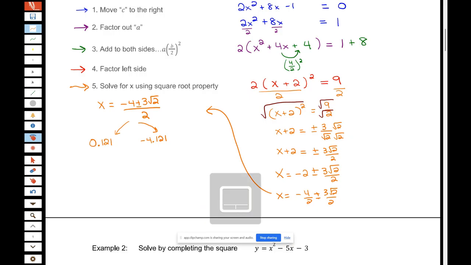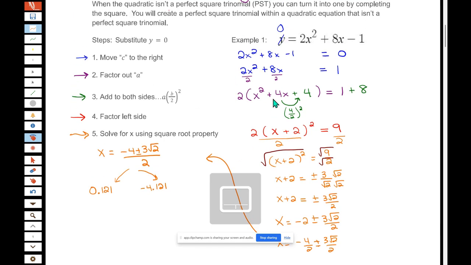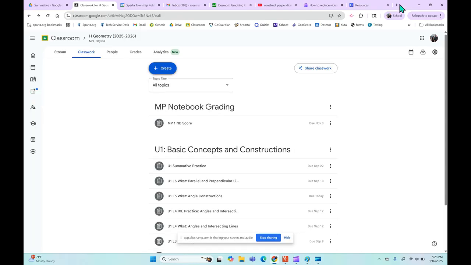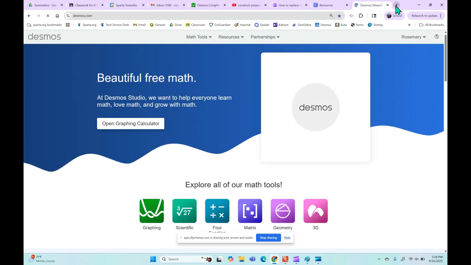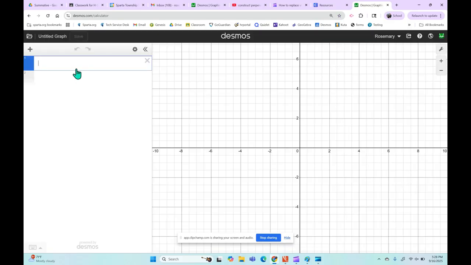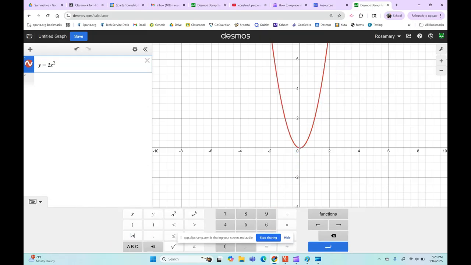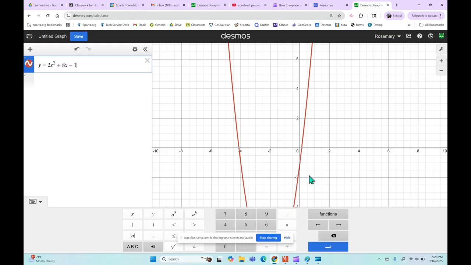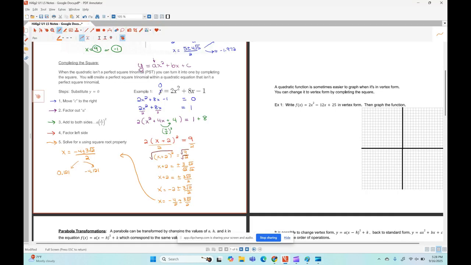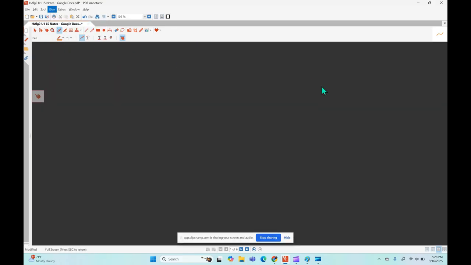Now, just to make sure that we can tell that that is what the parabola is, 2x squared plus 8x minus 1, I'm going to go over and graph this on Desmos. Y equals 2x squared plus 8x minus 1. So I can see my 0.121 x-intercept, comma 0, and my negative 4.121 x-intercept, comma 0, because we put in 0 for the y. So I've confirmed that my two x-intercepts here are correct.